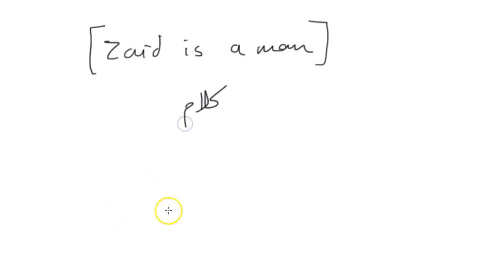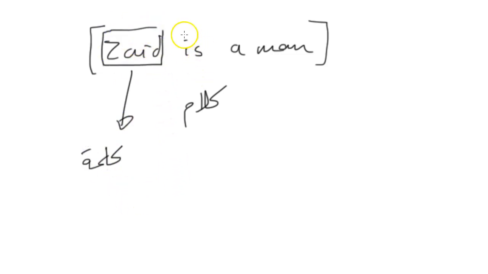The individual words in a sentence are known as kalimas. So Zaid is a kalima. A man is a kalima. For instance, for argument's sake, just to show you how this works. So this is what we call a kalam and a kalima.